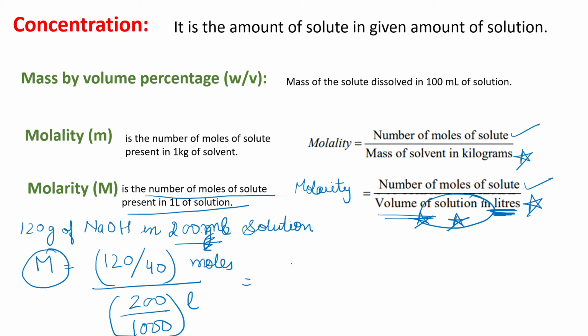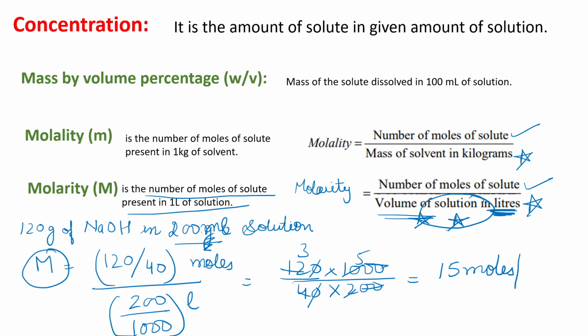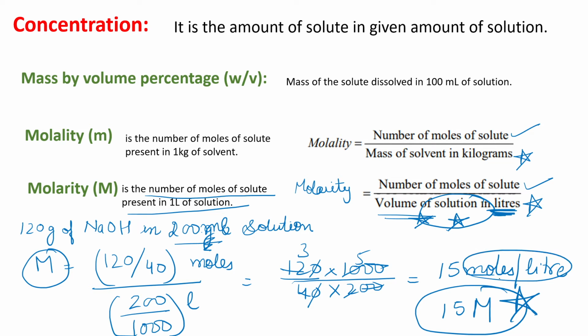So the value will come out 120 by 40 into 200, and it will give 15 moles per liter, or you can say 15 capital M. You can write moles per liter as capital M. It is defined as molarity.